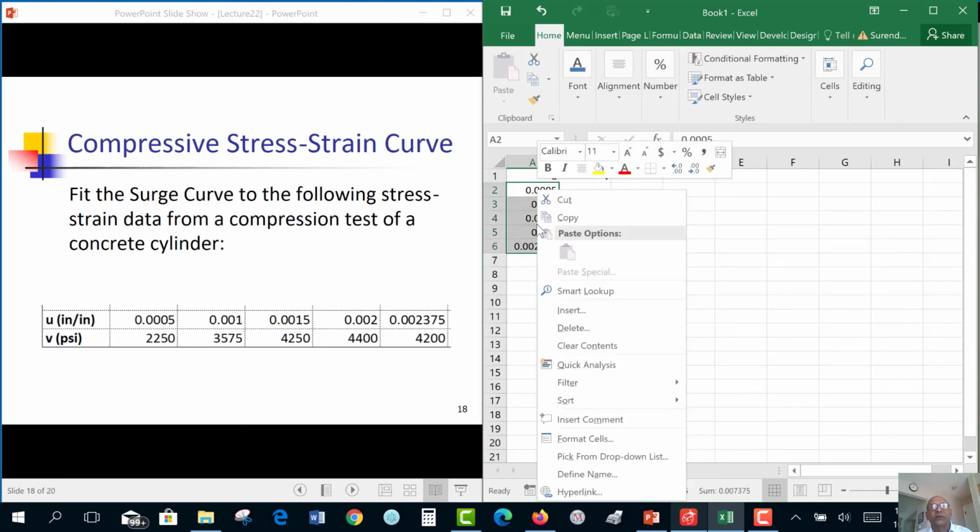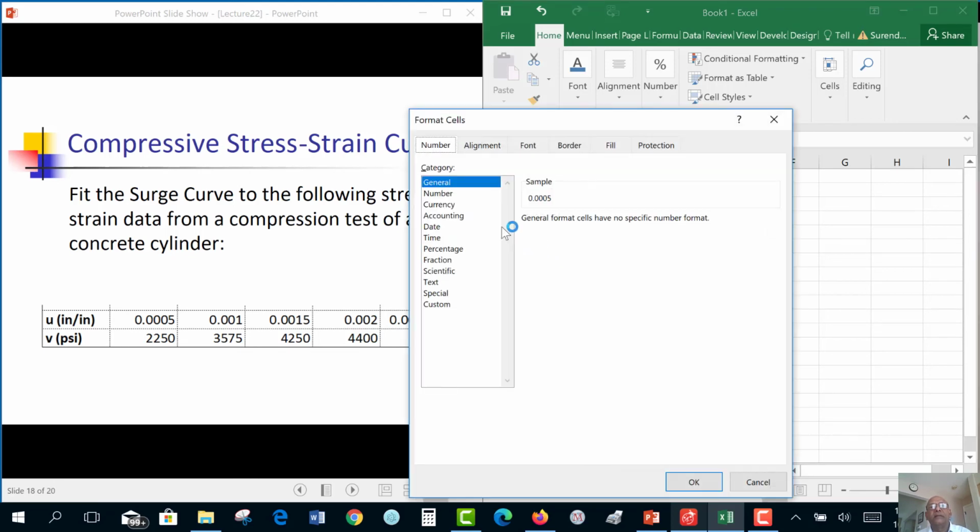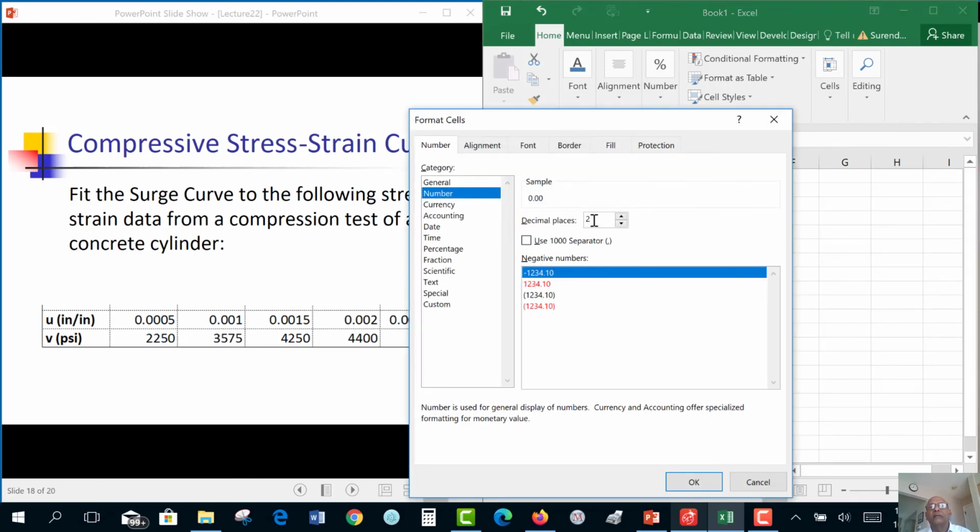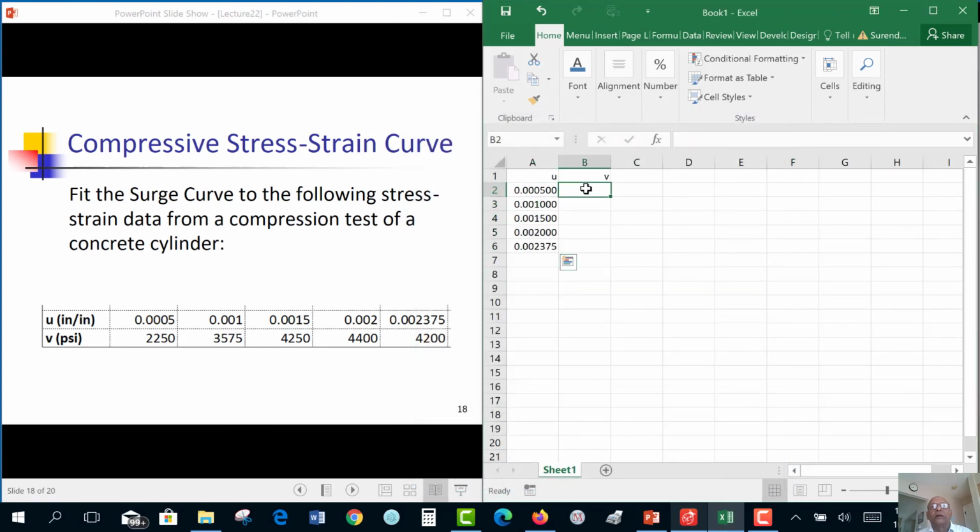So let's make sure we have 6 digits. So 2250, 3575, 4250, 4400, 4200.